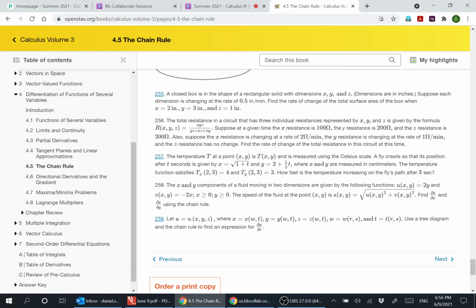So they do not give you the temperature function. But we don't need it because they gave you the partial derivatives already.